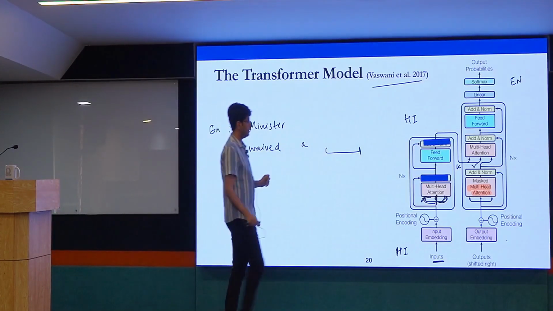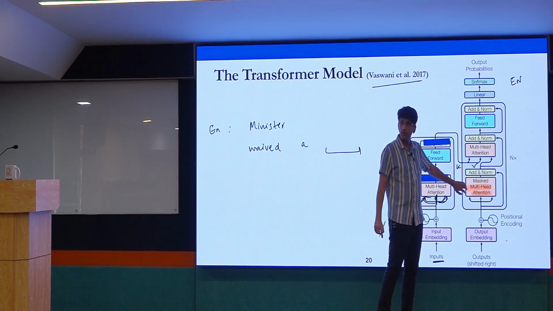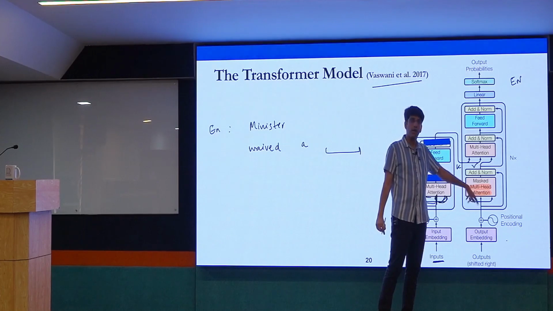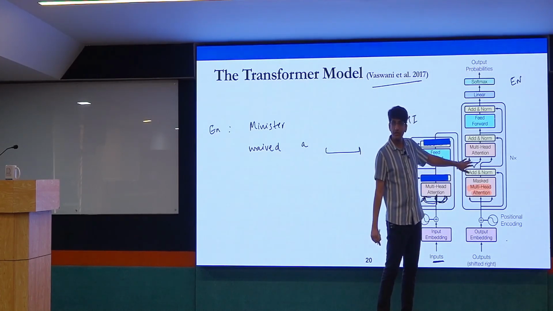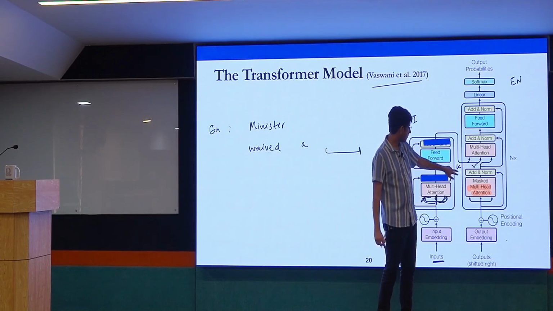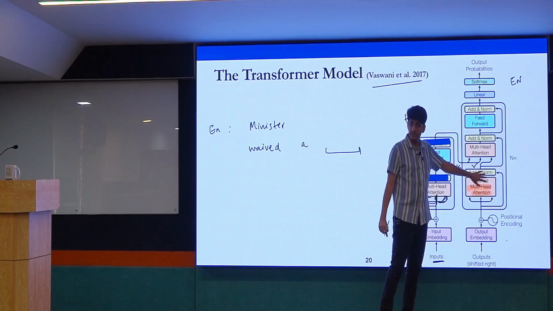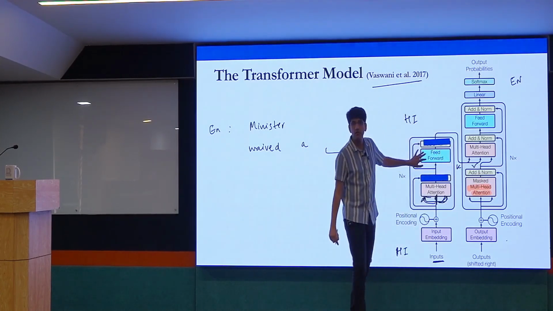The first attention block is just looking at the English sequence that you have already translated, but it needs to figure out what is the next word to output. So the query at this stage will go and look at the keys and values of the encoder.